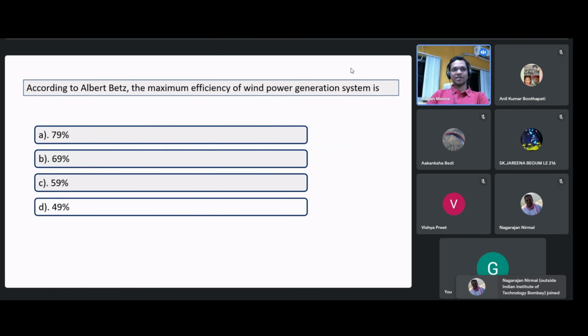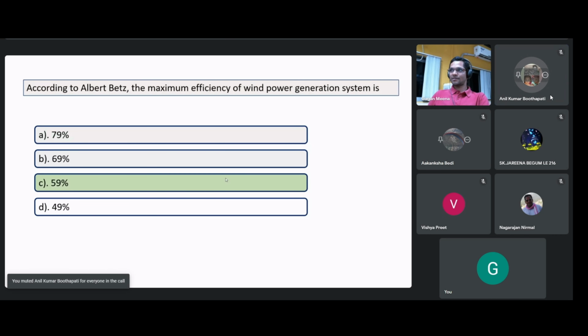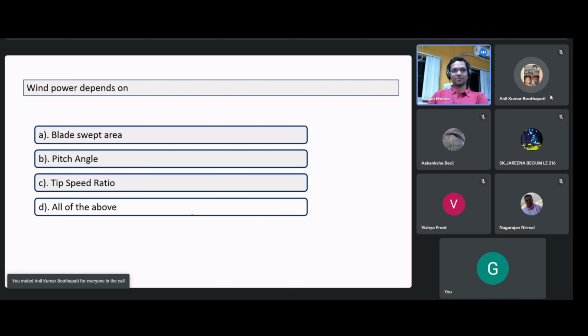So the next question is, according to Betz, the maximum efficiency of wind power generation is 79%, 69%, 49% or 59%? What's the answer? I have already told this in previous slides. 59%, correct. Now the next question is, wind power depends on which of these: blade swept area, pitch angle, tip speed ratio, or all of the above?